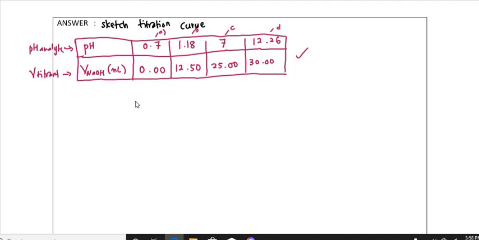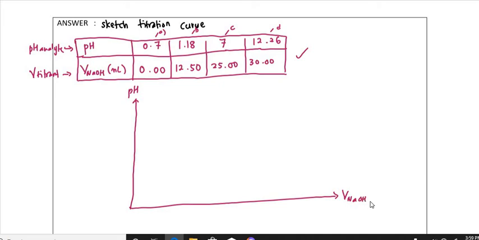Alright? Okay, after you tabulate, you start to plot, sketch the y-axis. This is pH. And your x-axis here, this is volume of NaOH in ml. Okay, before added 0. This is 12.50. This is 25.00. This is 30.00.